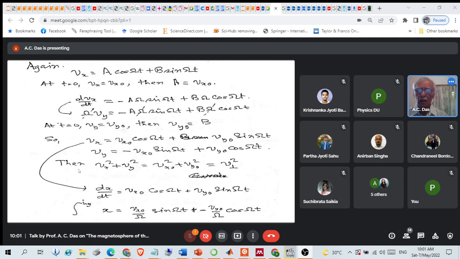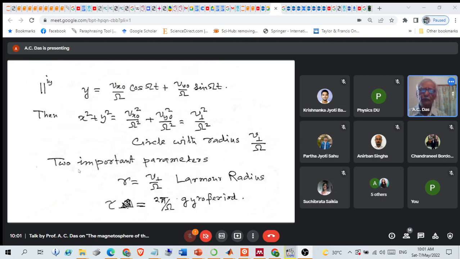If you integrate cos omega t, you get sin omega t by omega, and the integration of sin omega t gives cos omega t by omega with a minus sign. Similarly, you can get y. So x squared plus y squared gives V perpendicular squared by omega squared, and therefore you make a circle with a radius V perpendicular by omega. It has a particular name, and that name is the Larmor radius.